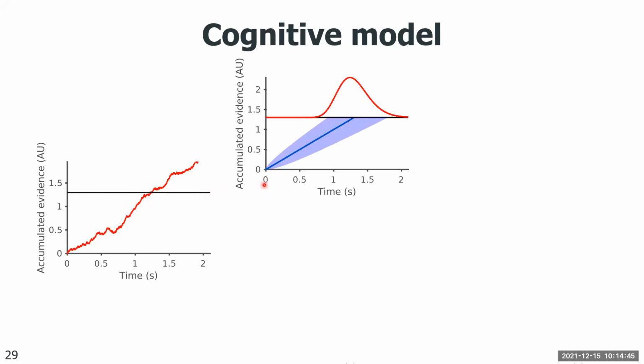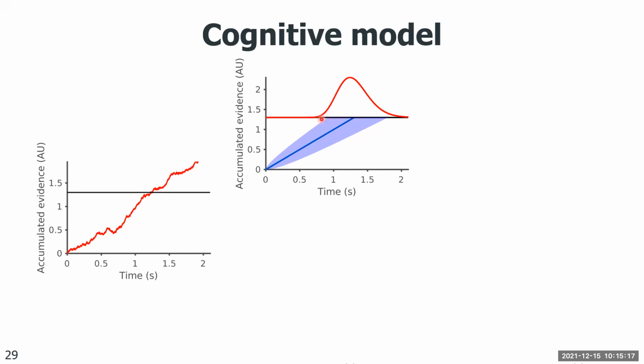So let's take a look at the responses of the model across many trials. In blue, we have the mean and dispersion of the accumulated evidence across time. And in red, we have the probability of the process reaching the threshold after t seconds. Now, to learn what is the probability that a certain stimulus duration will be categorized as long, we simply need to take a look at the cumulative probability of the model reaching the threshold after so many seconds.